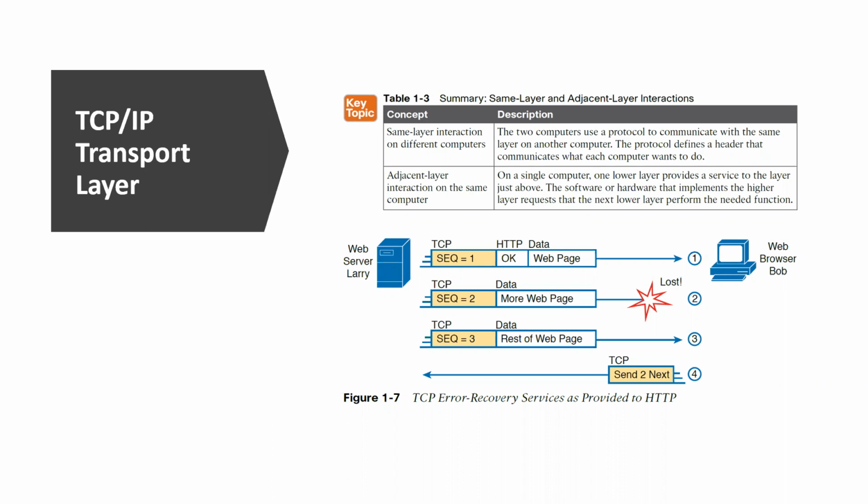We can read it word for word so we don't get mixed up. Same layer interactions on different computers: the two computers use a protocol to communicate with the same layer on another computer. The protocol defines a header that communicates what each computer wants to do. What does that mean?